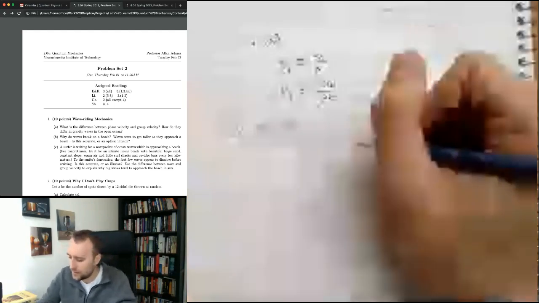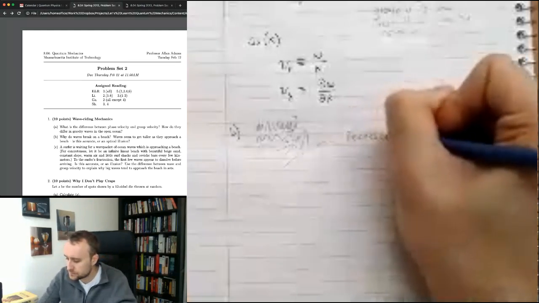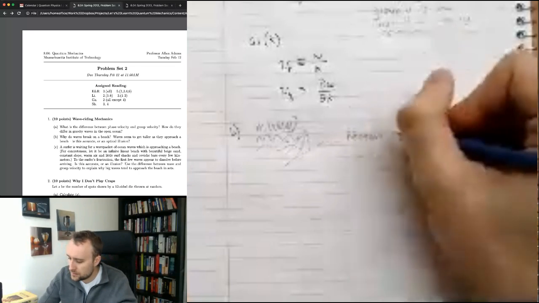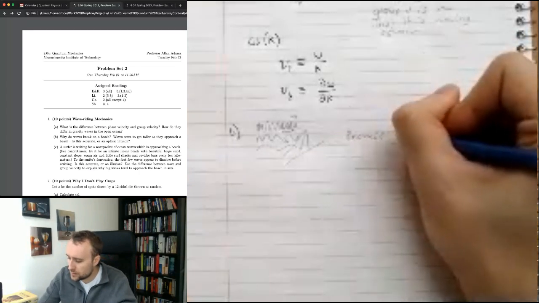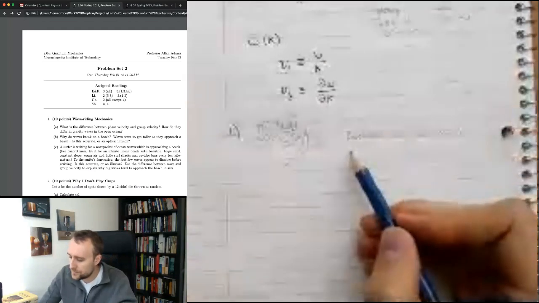So I'm going to say that for smaller lambda, waves are faster, thus they accumulate and break, I guess.